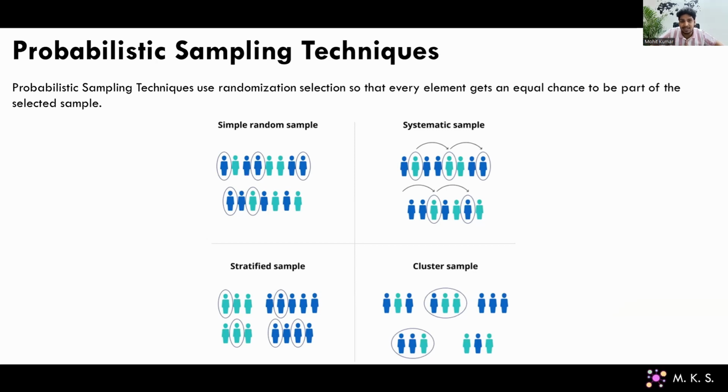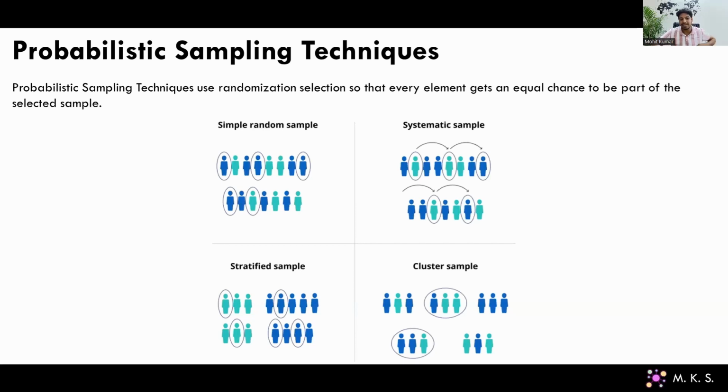That's the major difference from non-probabilistic. There, we do not give the same chance or probability to each individual element of the population to be included in the sample. In probabilistic, we provide every element the same chance.